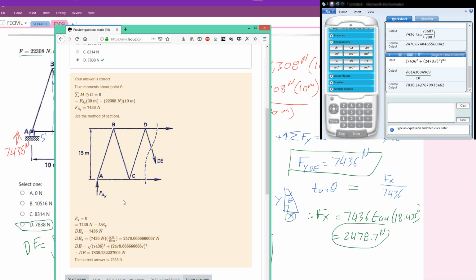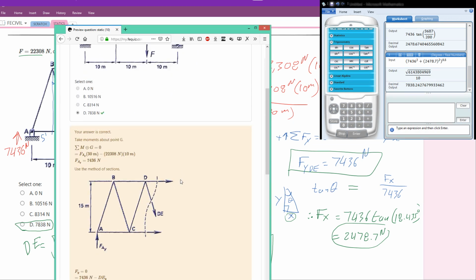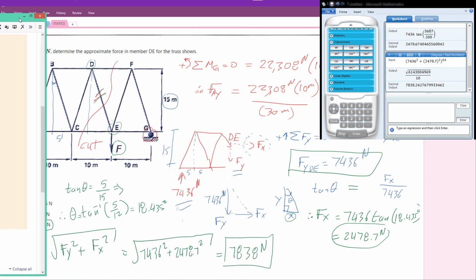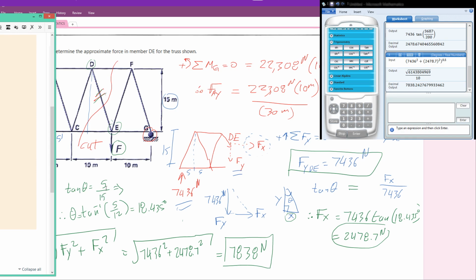The carets are on this side, and you just sum the forces at G, which is right here, and you get your Fy. Then you use the shortcut, tangent theta, which we already defined here. So instead of solving for this, they decided to use this one, which is good.